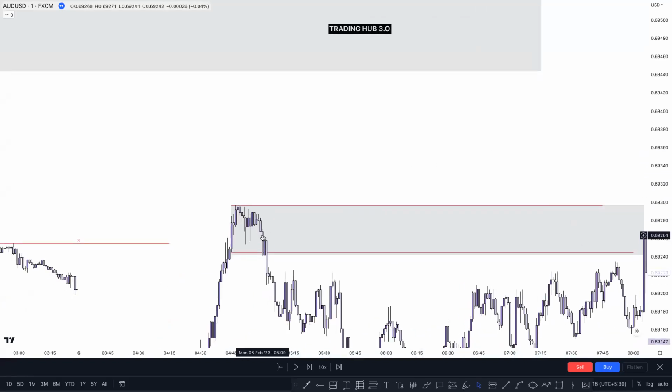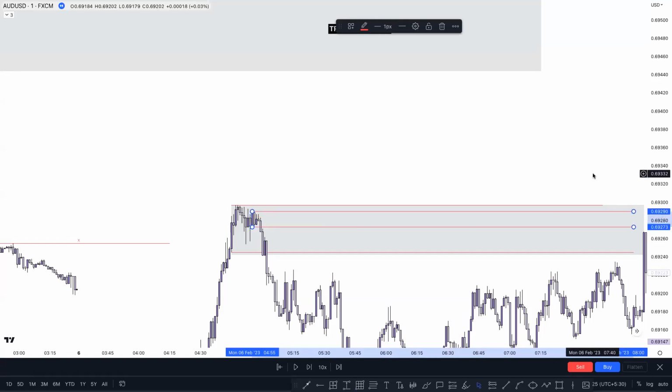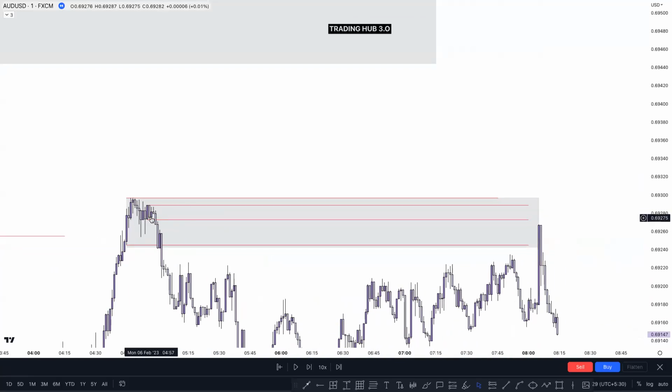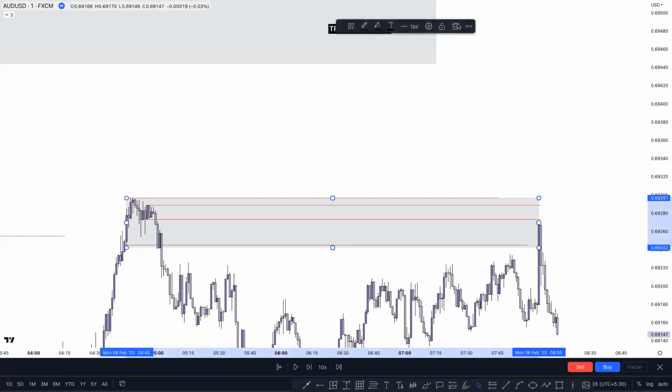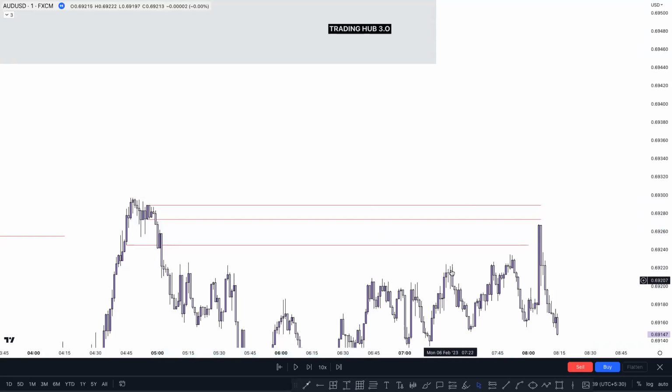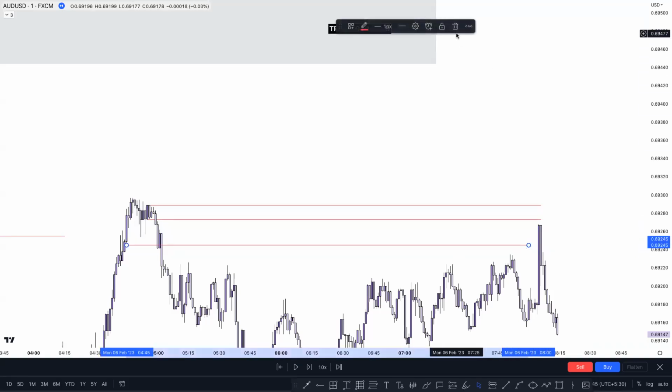But look at this one. If there is any unmitigated order block or anything, look at this picture here. This is our unmitigated order block. And the order block must have a proper imbalance, or if there is no imbalance, then price must have created a candlestick sweep, like a long shadow, then you can also use it as a POI, right?